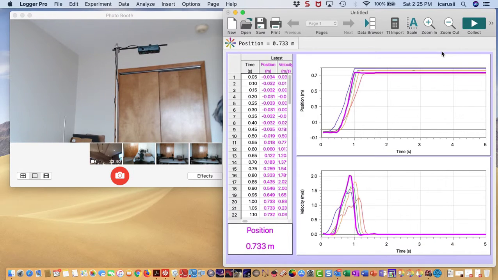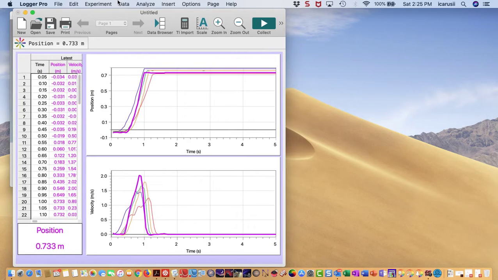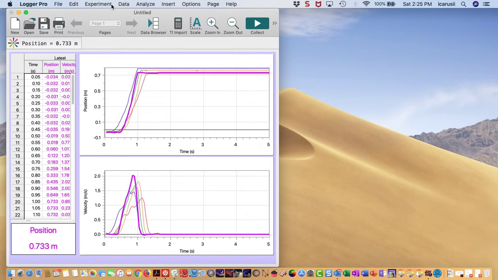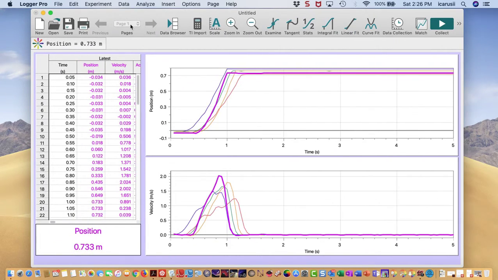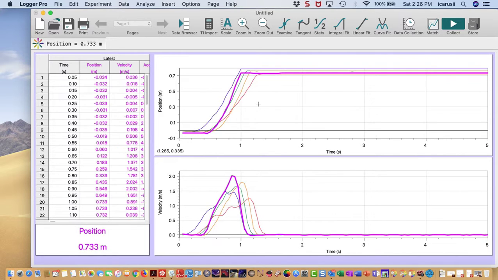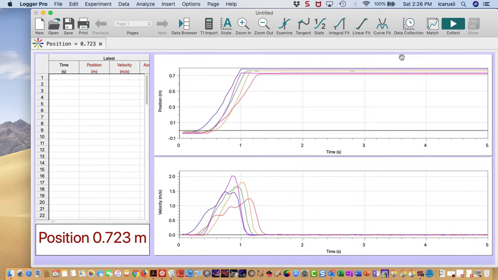Okay. So with that done, let's analyze the data. For each of these runs, I need to determine the slope where the velocity is pretty much constant.